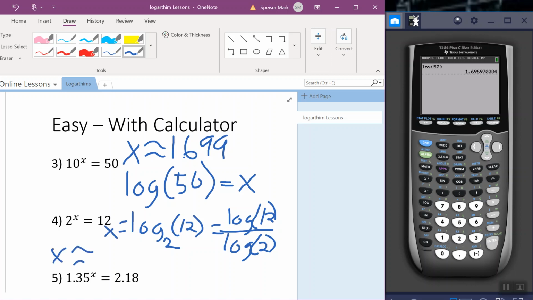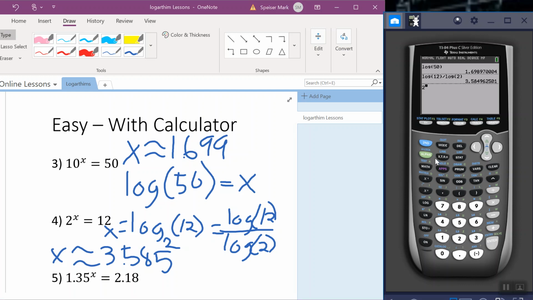So x is approximately log of 12 divided by log of 2, where you get 3.585. If you want to check your result, you could do 2 raised to the previous answer by hitting second negative sign to get the previous answer, and you'll notice we get 12 exactly.